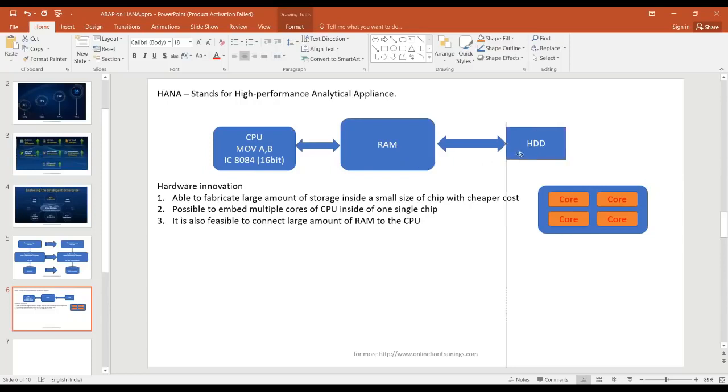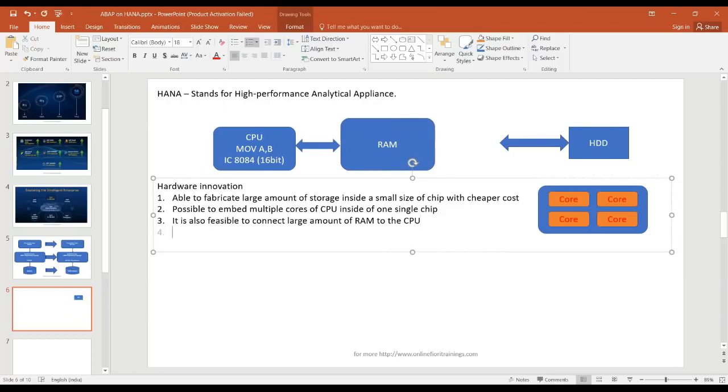Now the software vendors have thought, why not we keep the data only for backup and recovery purpose in the hard disk, but we keep all the data in the RAM itself. So high availability makes it possible to keep all data also in RAM.